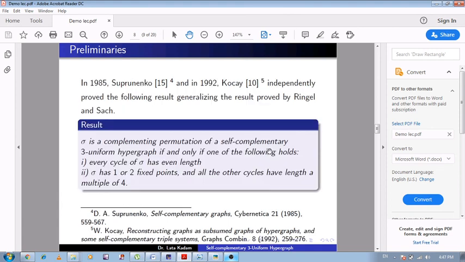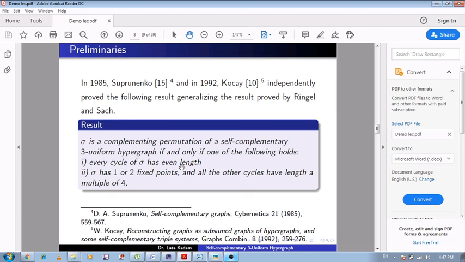Now in 1985, Suprunenko, and in 1992, Koke, both independently proved that sigma is a complementing permutation of a self-complementary 3-uniform hypergraph if and only if one of the following holds. First, every cycle of sigma has even length.